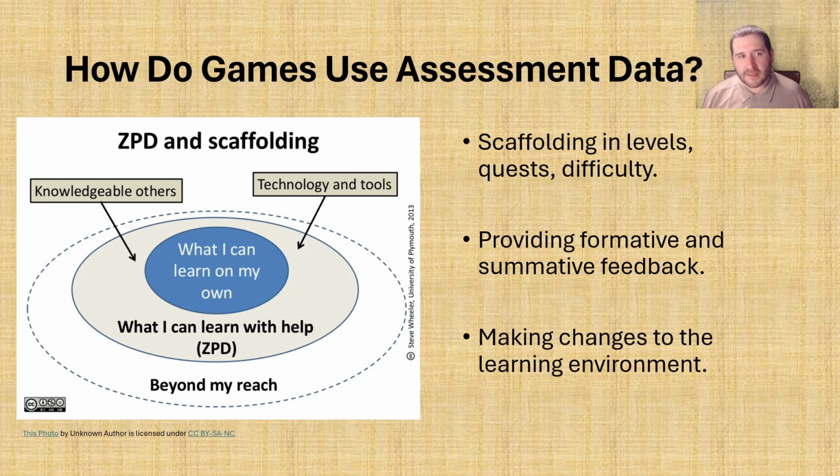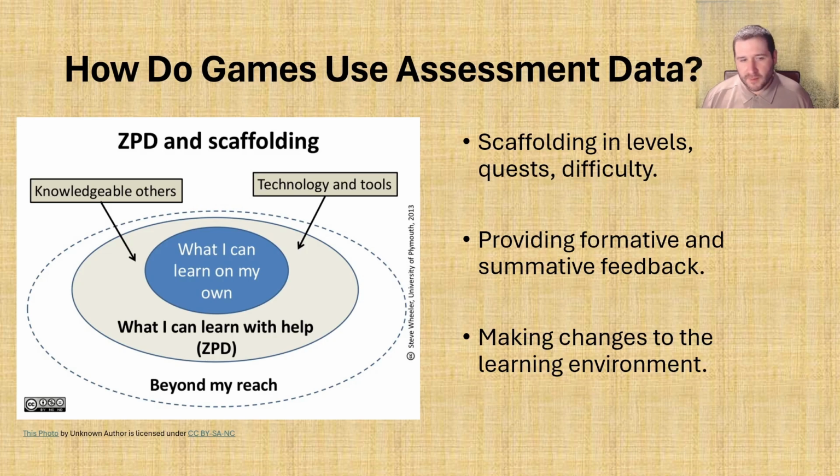And finally, games can use this assessment data to make changes to the learning environment. Let's say, if a student doesn't solve a problem in 10 in-game minutes, a character walks in and gives them a hint. Right? That is a change to the learning environment that helps the student, and that was done after assessing that they had not solved the problem after 10 minutes, right?